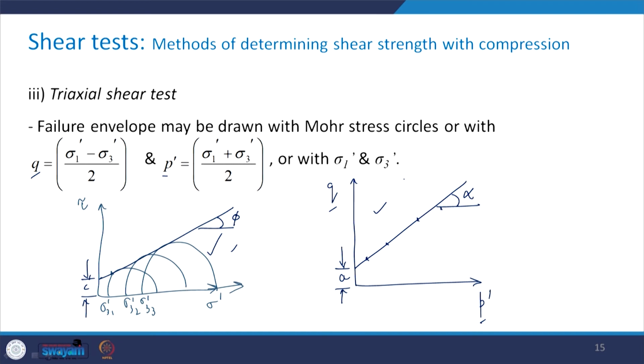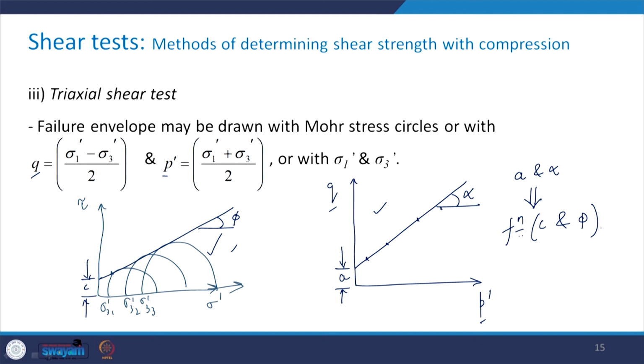It is just that the space in which we are representing that data is different. Therefore, this A and alpha can be determined as a function of C and phi.